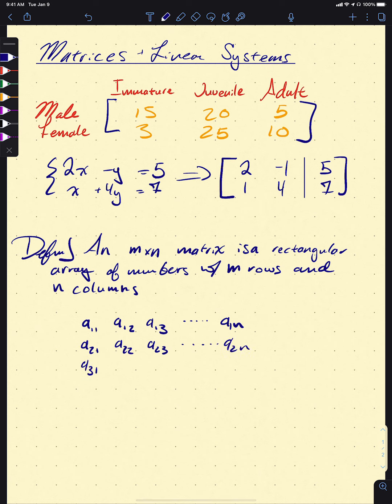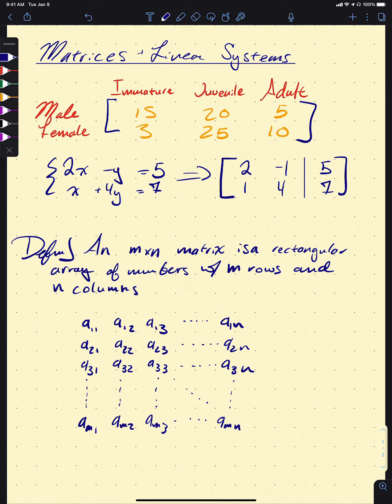And I can fill in the rest of this, A3,2, A3,3. These are all going to drop down into something like Am1, Am2, Am3, and then we're going to get a whole bunch of dots, continuing through all of this to Amn. And then we put these nice little brackets around it.